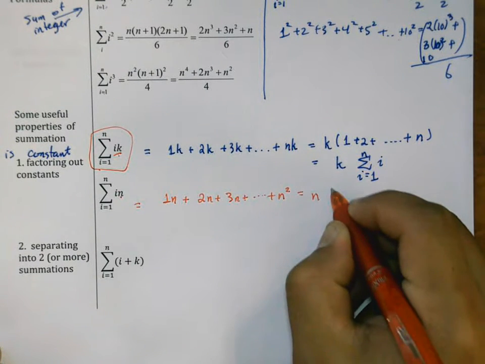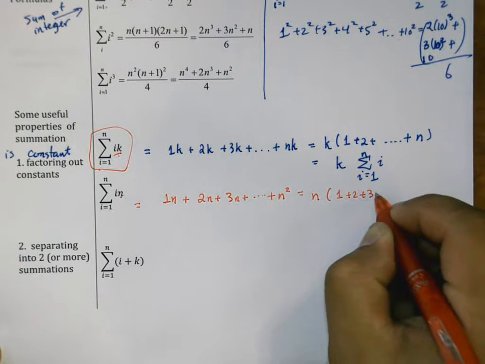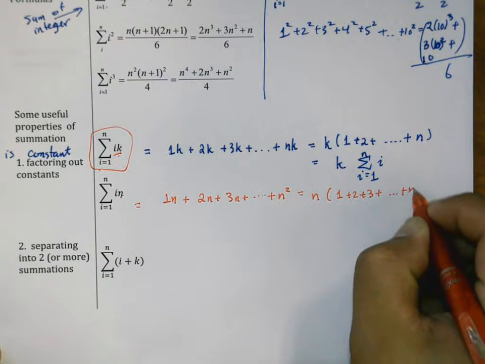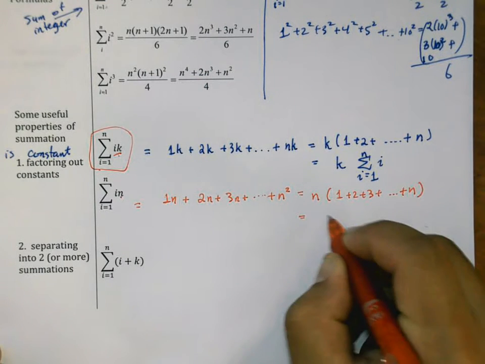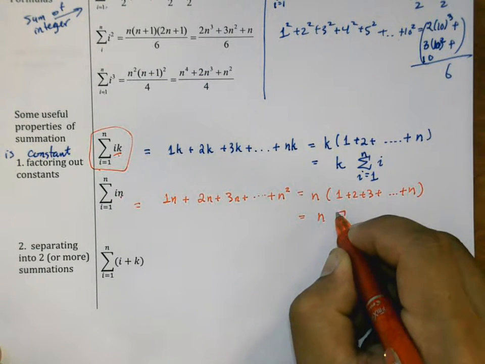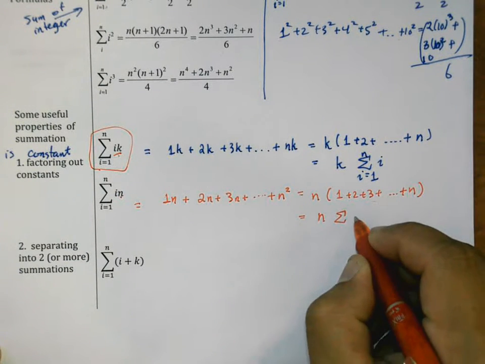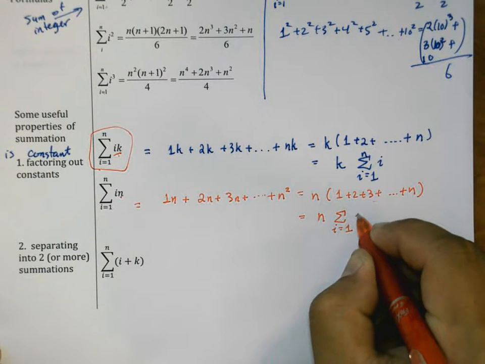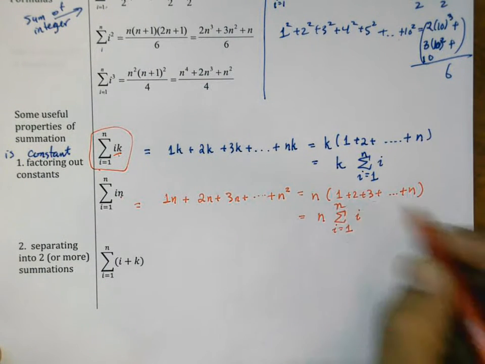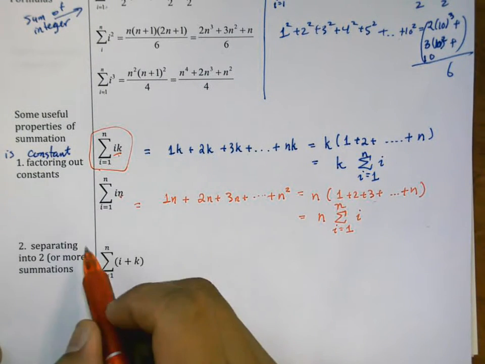But then we can just factor out an n, and we end up with 1 plus 2 plus 3 plus all the way up to n. So then we can just say that this is really n times the summation, because everything in these parentheses is a summation from i equals 1 of i to n. Okay. So we essentially are able to factor out this n as well.